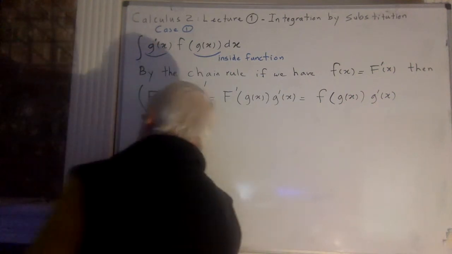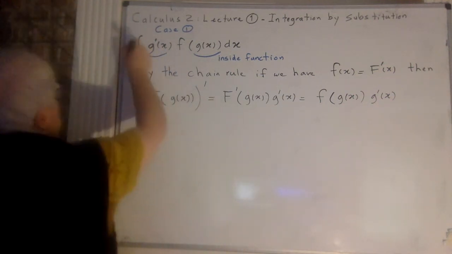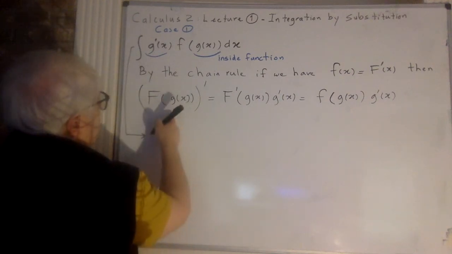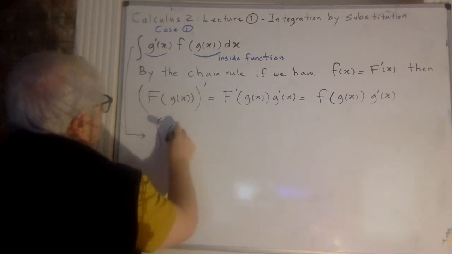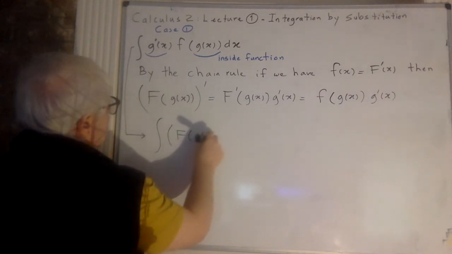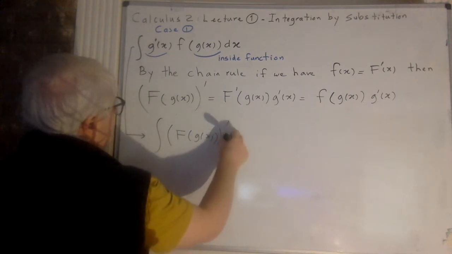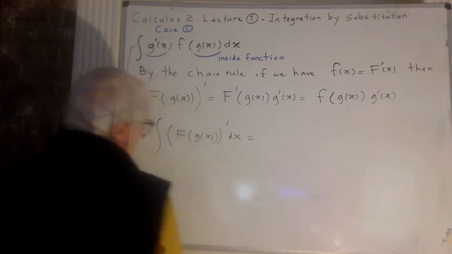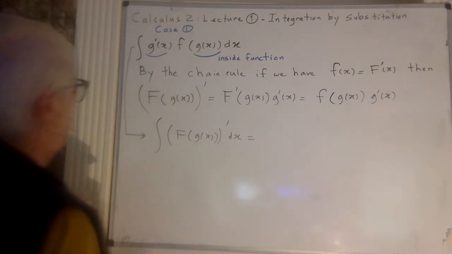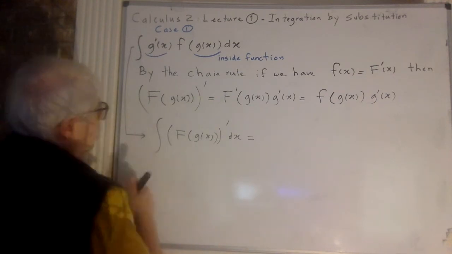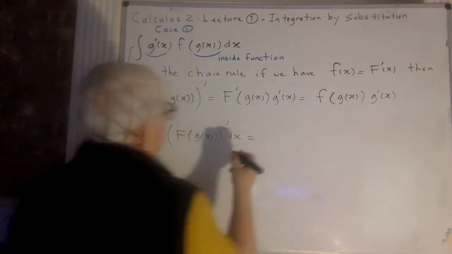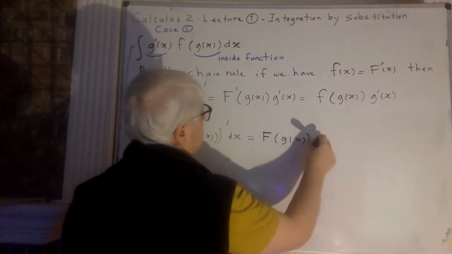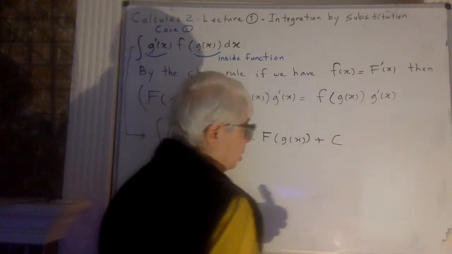Therefore, we can write this as the integral of the derivative of F(g(x)) dx, and integral and derivative are like inverse to each other. In fact, this is not integral, this is what we call antiderivative. So antiderivative and derivative are inverse, so we will get F(g(x)) plus a constant. Don't forget the constant.